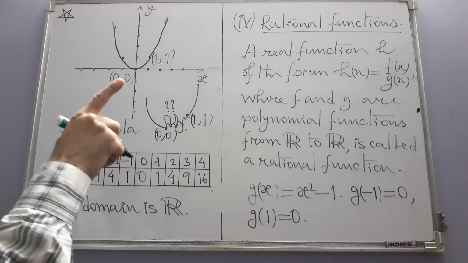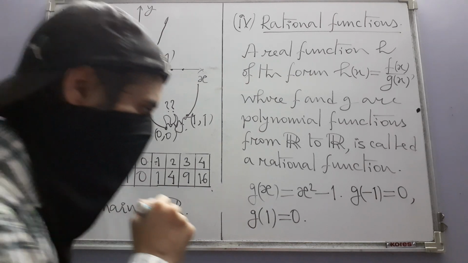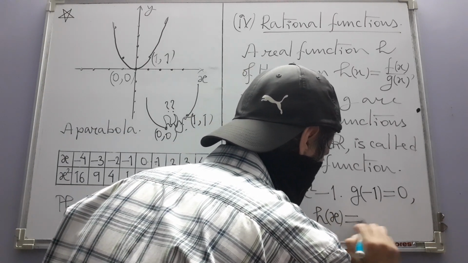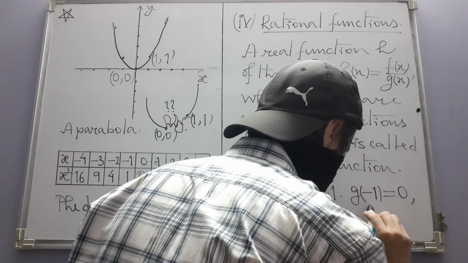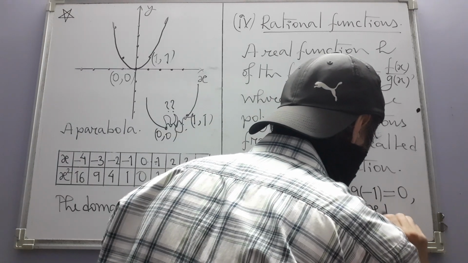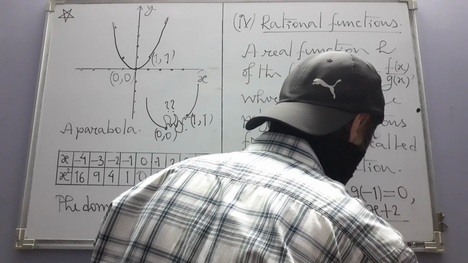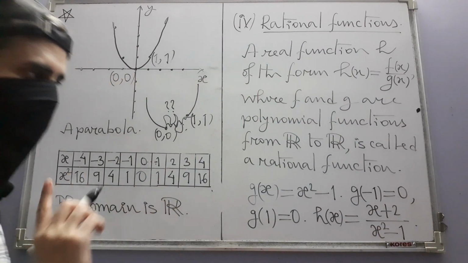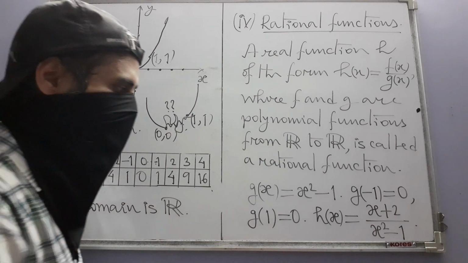So, if your rational function h is this, h of x equal to, say, my f of x, which you can call the numerator, is x plus 2. This is also a polynomial, but the denominator g(x) is x square minus 1.